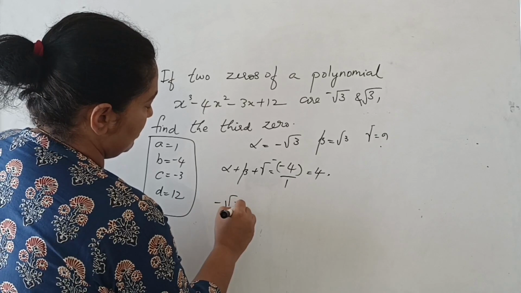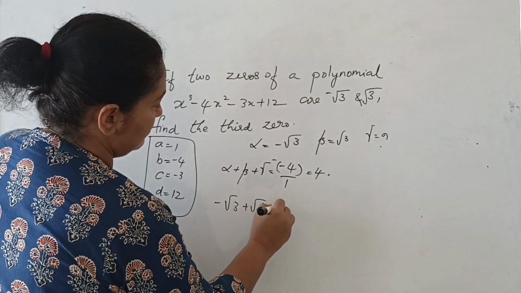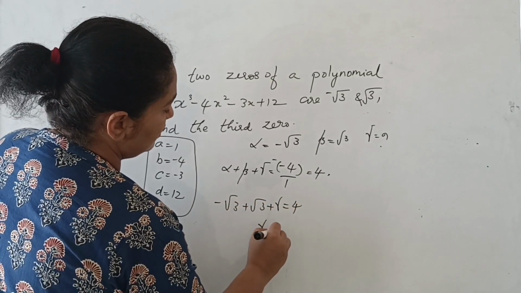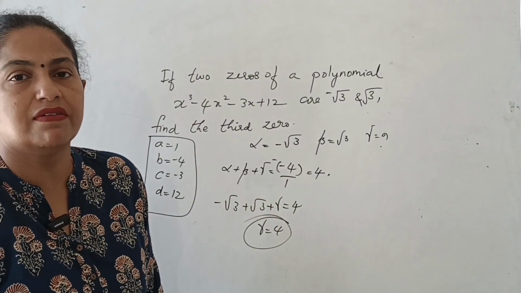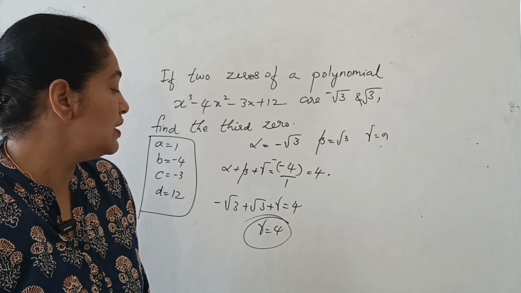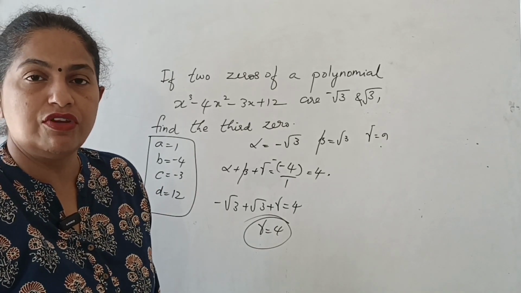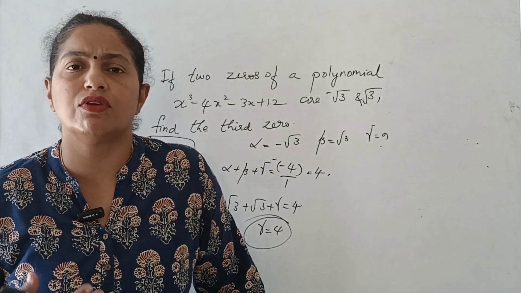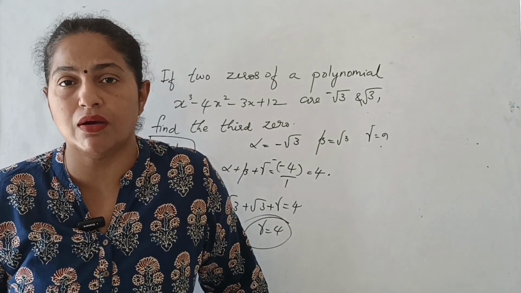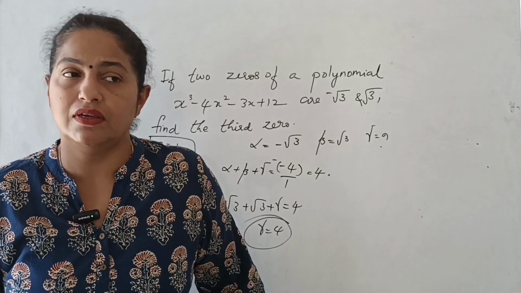I am going to substitute over here. I got the third root as 4. An extremely simple sum. Maybe it might come for a 1 marker. So direct substitution by using the simplest formula, which is alpha plus beta plus gamma. In this case, you can also use alpha into beta into gamma also. You will get the same answer.